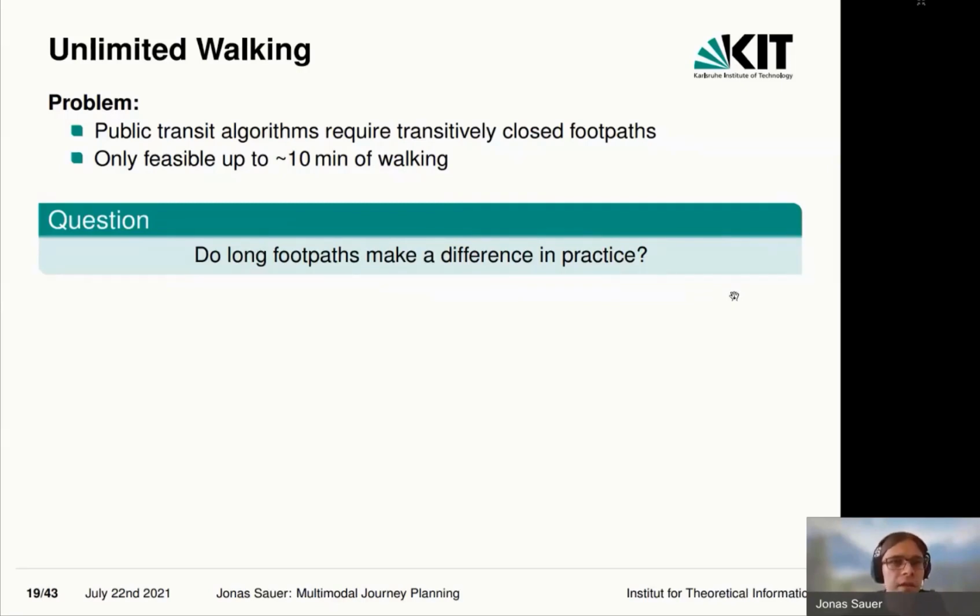And at face value, you might believe that because walking is so much slower compared to public transit. So why would using long footpaths ever pay off? So we want to study that for a bit.